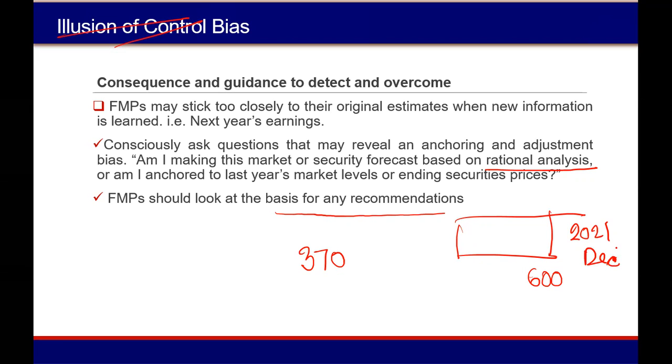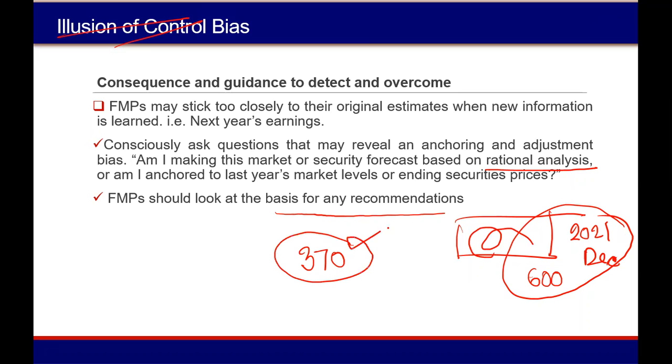But instead of presenting this 600, you want to get a number by modifying your valuation which is not very far from 370. You want to see a number closer to 390 because you feel that 600 is very different from 370, the current price.